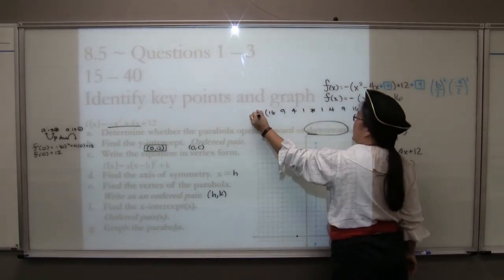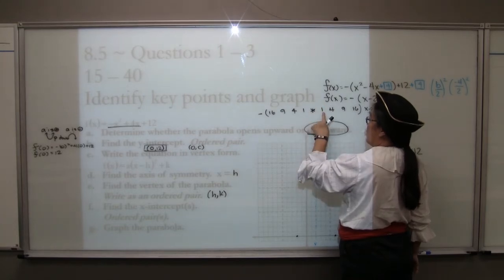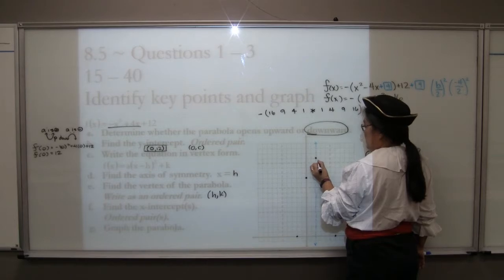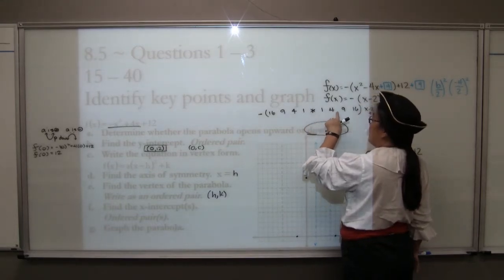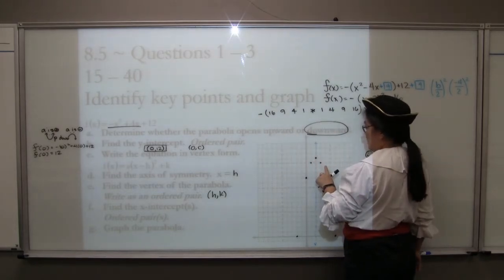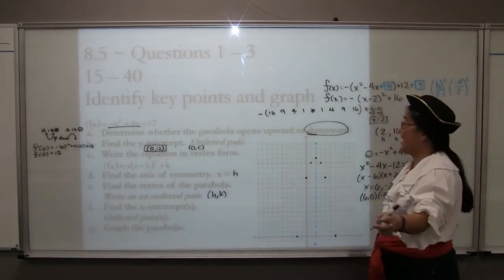But we have an a of negative 1. So instead of going over 1 and up 1, we're going to go over 1 and down 1. Same thing on the other side. Instead of going over 2 and up 4, we go over 2 and down 4. Hey, over 2 and down 4. It's like we already had them.